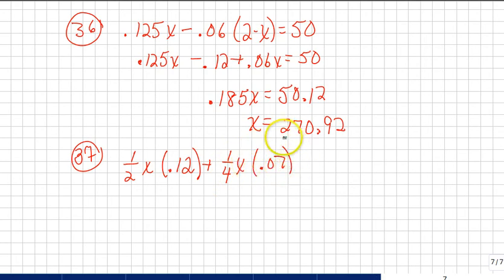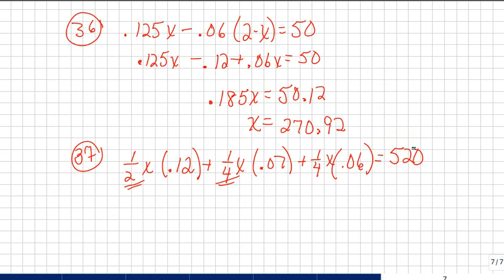And then it says the rest of his money. Well, how much is the rest? We've already talked about half of it and 1/4 of it. That makes 3/4, so that leaves another 1/4 of his money, 1/4 of x, and that percent is 6%, 0.06, which gives us a total return or income of $520 on that money.